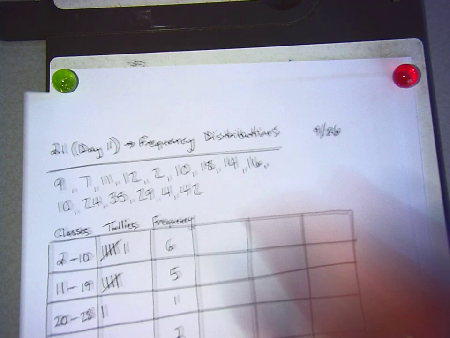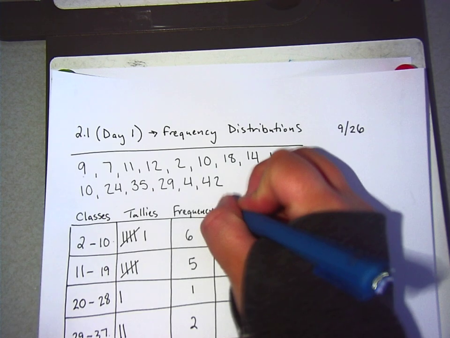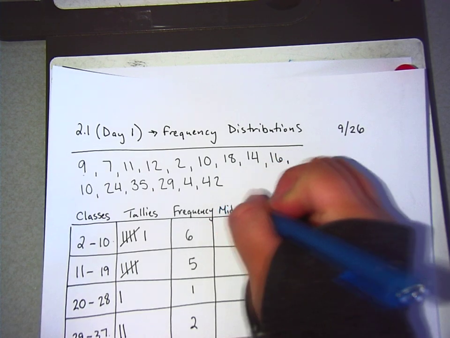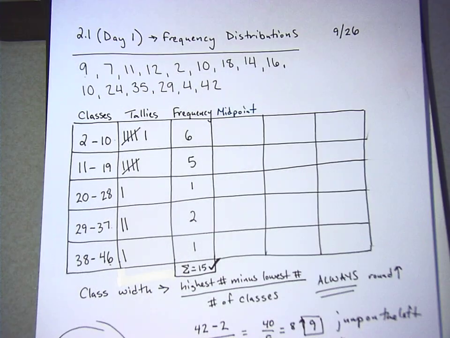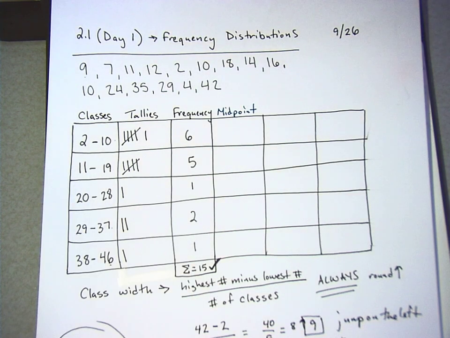So we're going to do 3 more things here. The first one is going to be called a midpoint of the class. Can anybody tell me what number is halfway between 2 and 10? 6. 6 is halfway between 2 and 10, because 6 is 4 above 2 and 4 below 10.